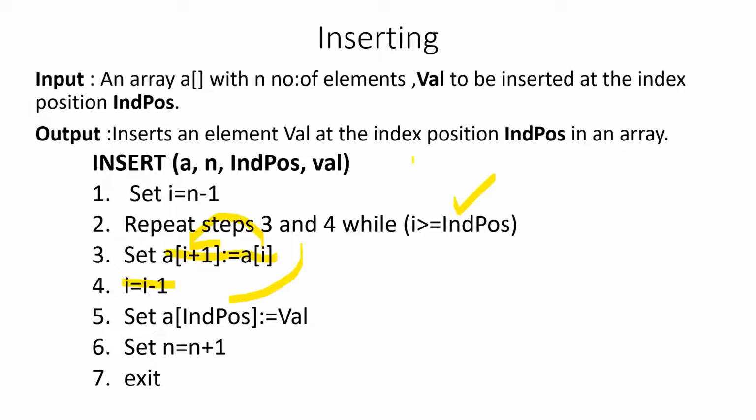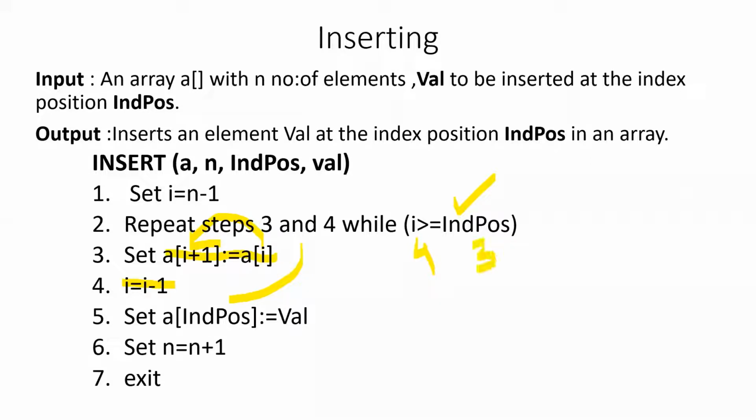Okay. So here, the step is: while I is greater than or equal to index position, set a of I plus 1 equal to a of I, and then I value is decremented by 1. Got it? So whenever this condition is satisfied, these two lines have to be executed. In our case now, 4 is greater than or equal to the index position.